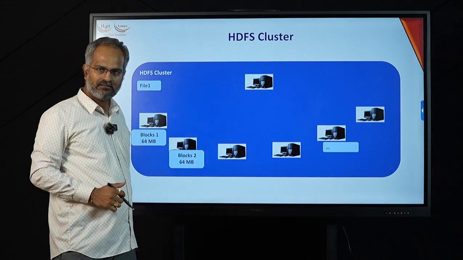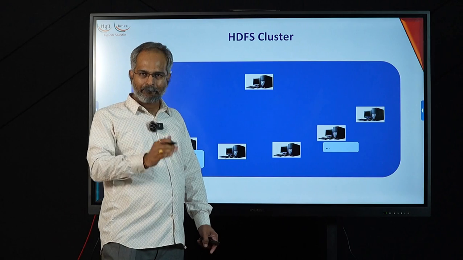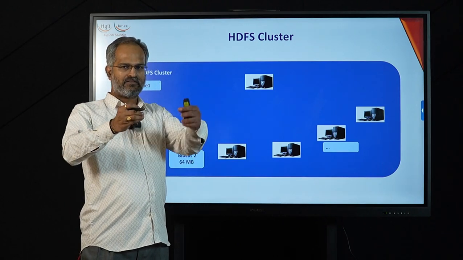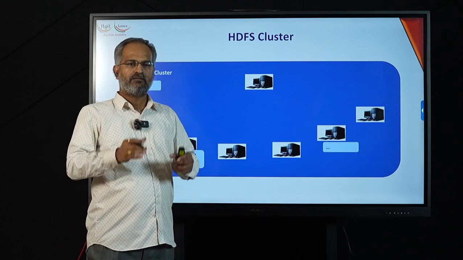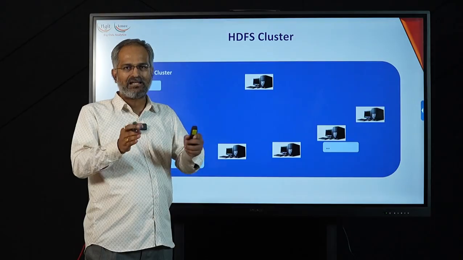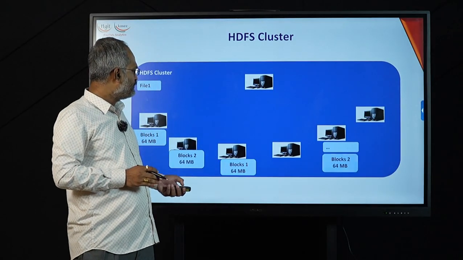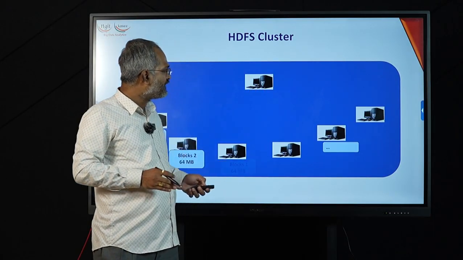For that we have to maintain a mapping, meaning that this file has this many blocks and these blocks are available on these machines. We have to provide the mapping table. That mapping table has to be maintained, and it will be maintained on another machine.